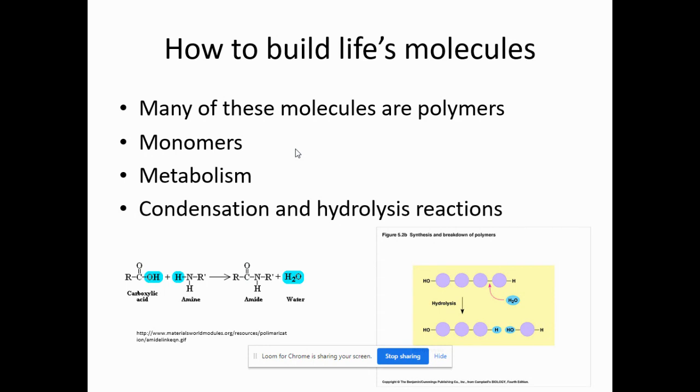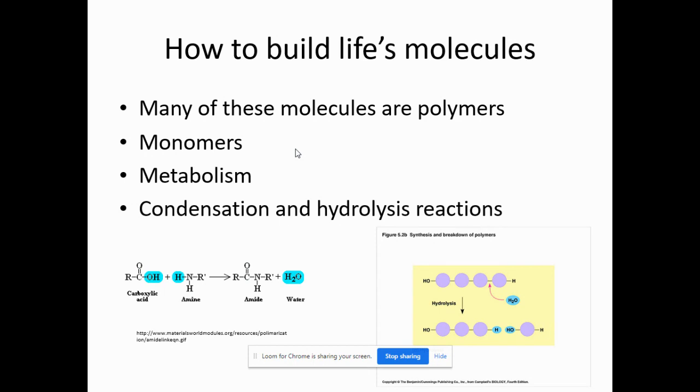Chemical reactions happen all the time that build polymers from monomers, but also break down polymers to the monomers. So it goes both ways. There are chemical reactions that build up the polymers, and then there are chemical reactions that break them down. And we'll talk about specific reactions that do these in later chapters.